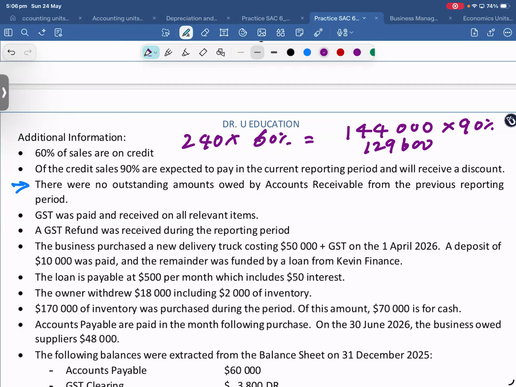Is this the receipt from accounts receivable? No. GST as well. Don't forget GST. Add GST for this. So that means how much? 129,600 plus GST is 142,560.